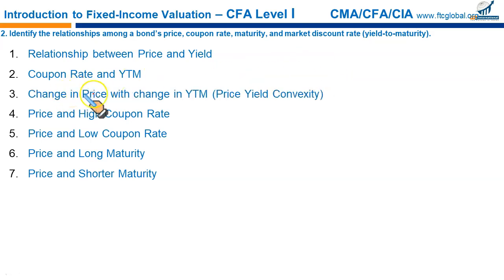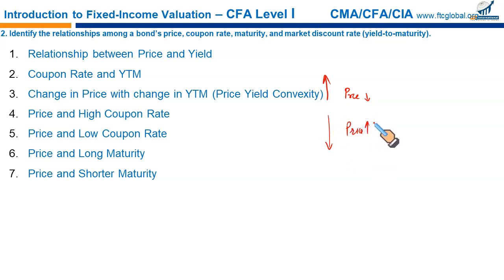Next, change in price of the bond with change in YTM. Now if the YTM increases, the increase in YTM will cause the price of the bond to fall. And when YTM decreases, the price of the bond would increase.